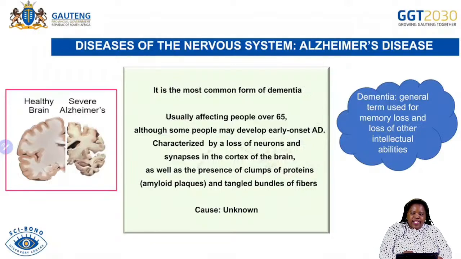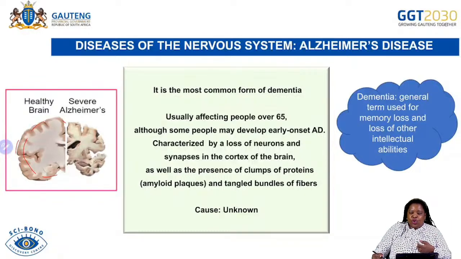Okay? So it is characterized by loss of neurons and synapses in the cortex of the brain. So this is the brain, this is the cortex of the brain, this area here. Now check, severe Alzheimer's disease. What will happen? You have lost most of the neurons at the cortex of the brain.